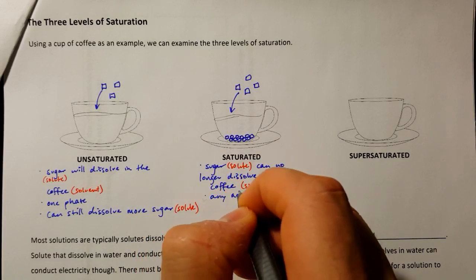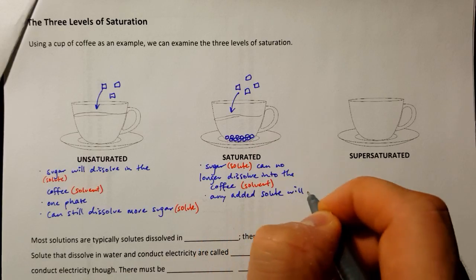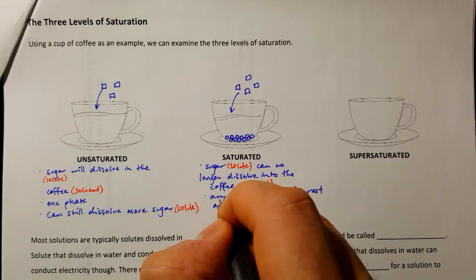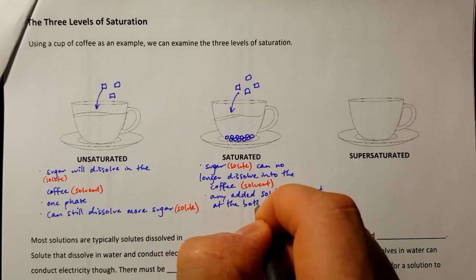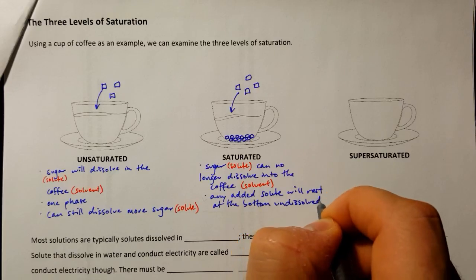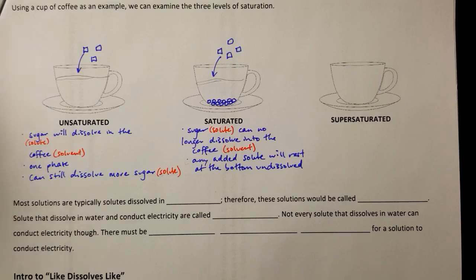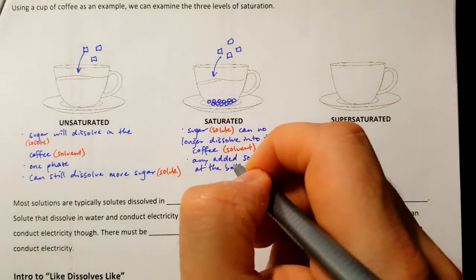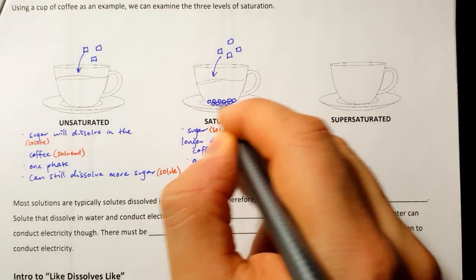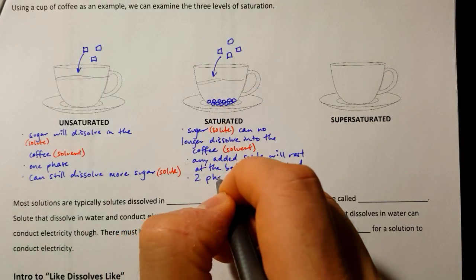Any added solute will rest at the bottom undissolved. Okay, so basically the sugar is just going to sit at the bottom and it's going to be undissolved there, right? So what we'll have there, if it's sitting at the bottom as a solid, like solid sugar crystal, and we have a solution above it, we have 2 phases.